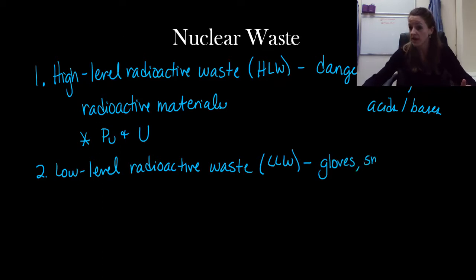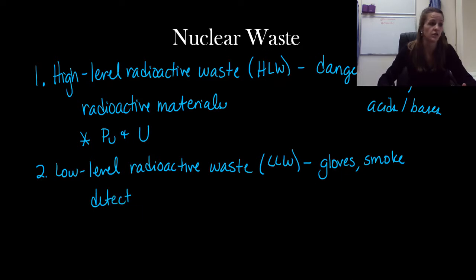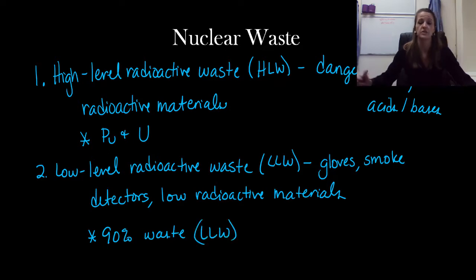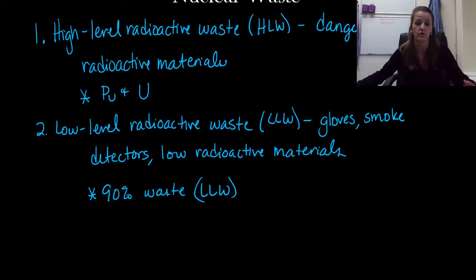These are any smoke detectors that are inside of those reactors or the plants. Smoke detectors. We also would consider these low radioactive materials. And like I said, but this is important, so I want to write this out, 90% of waste at these nuclear power plants is considered low-level waste, all right? So the majority of it is low-level, which is nice.